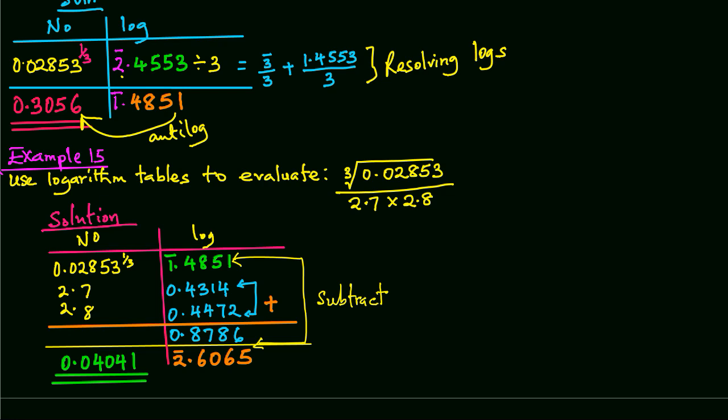Log of 2.7 is 0.4314. Log of 2.8 is 0.4472. So already that one we have worked out. So in the numerator, there is the cube root, and in the denominator we have multiplication. So we add the two logs, which will give us 0.8786. And therefore we subtract the log of the denominator from the log of the numerator, which will give us bar 2.6065, and then we get the antilog. That would be our answer.